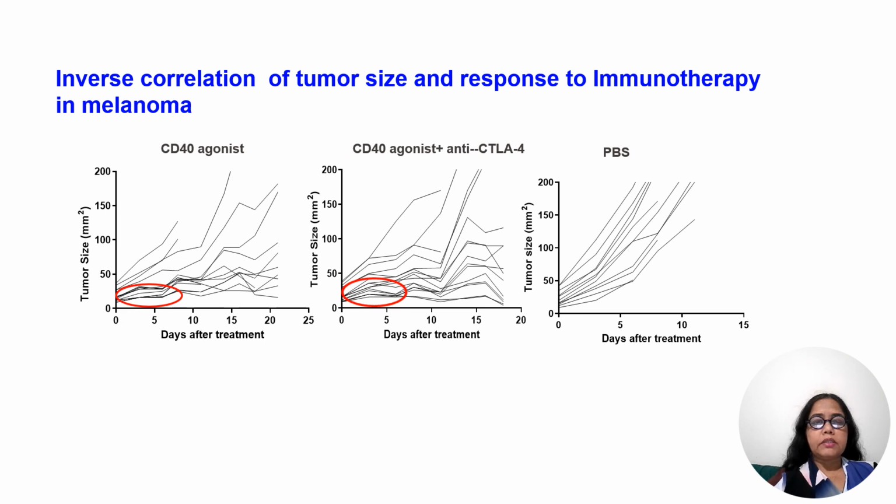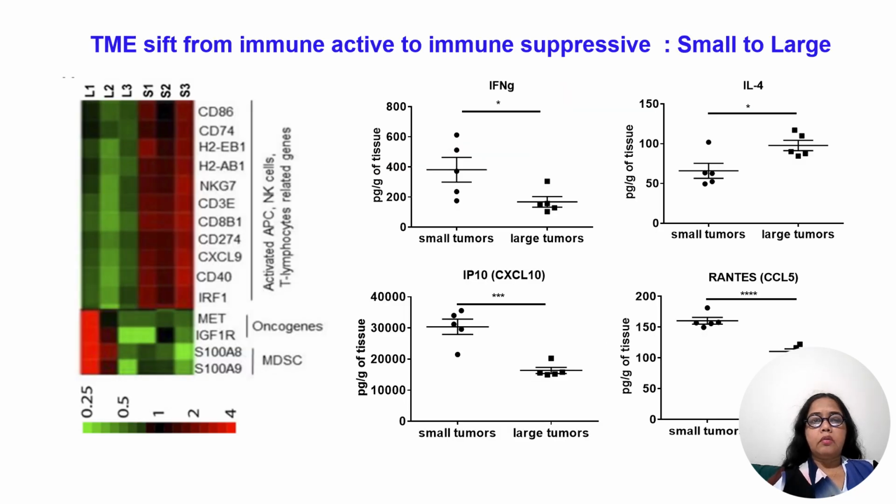But when tumor larger than this size, around 50 mm square, or you can say 40 to 50 mm square, these tumors never responded to immunotherapy. So we decided to find out the reason why large tumor don't respond to immunotherapy.